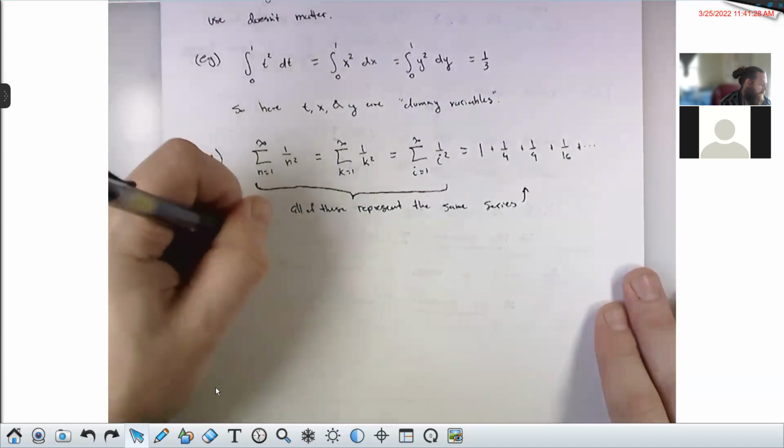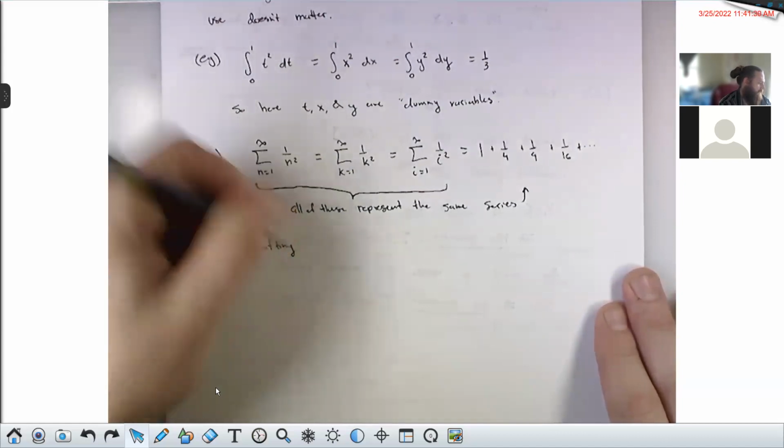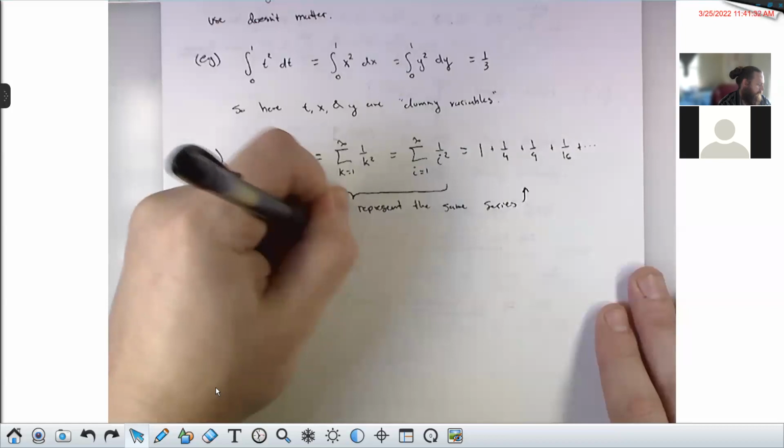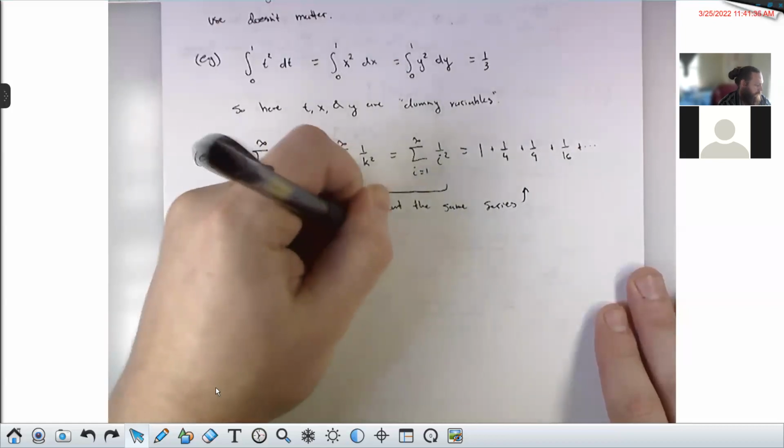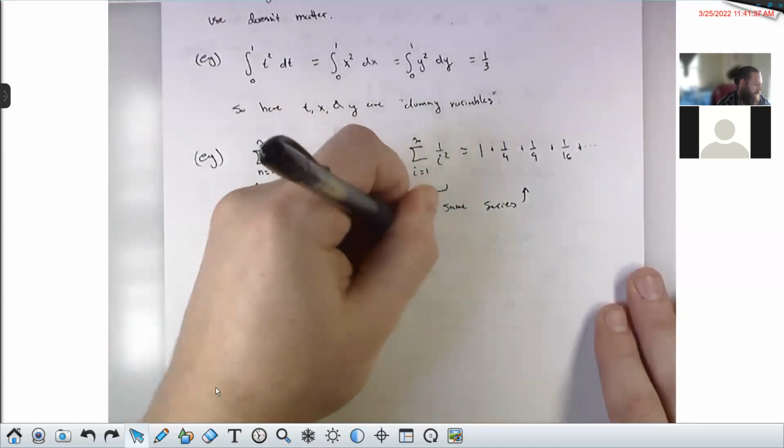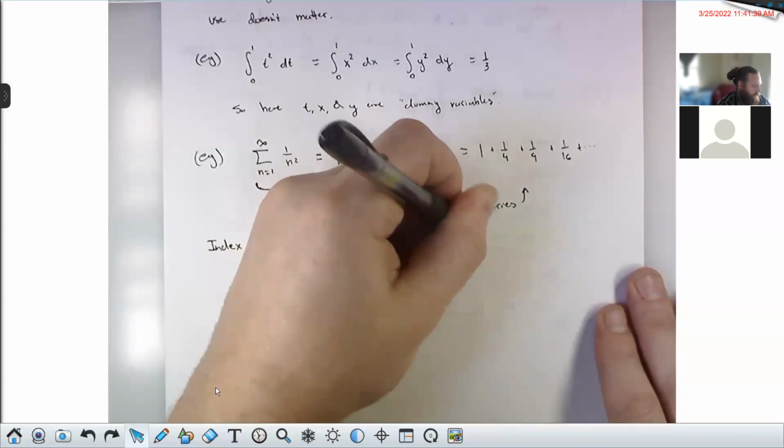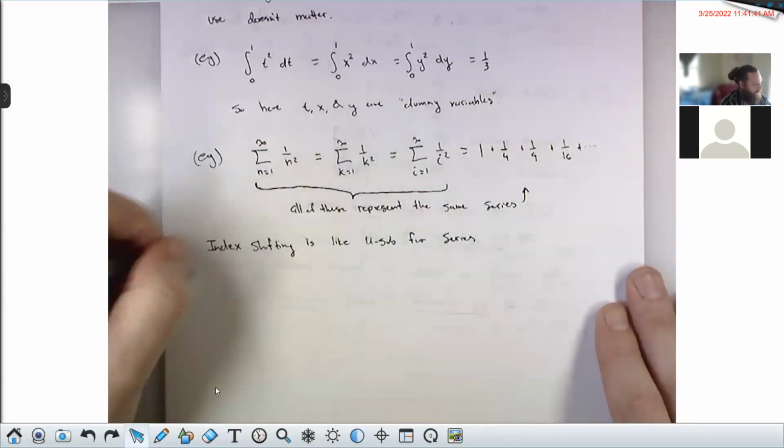Index shifting is like u-sub for series. Let me show you an example.